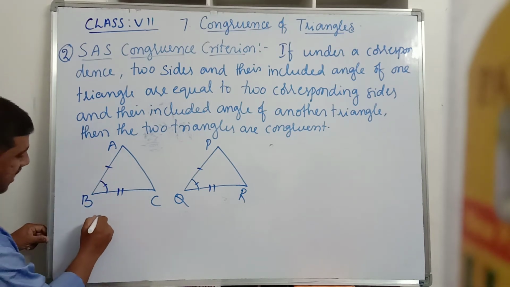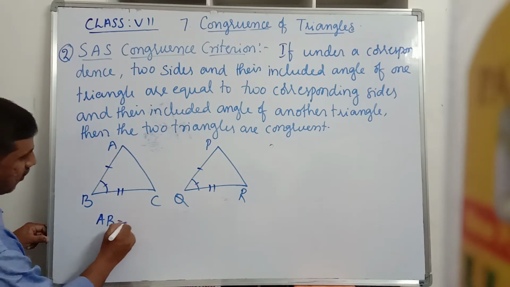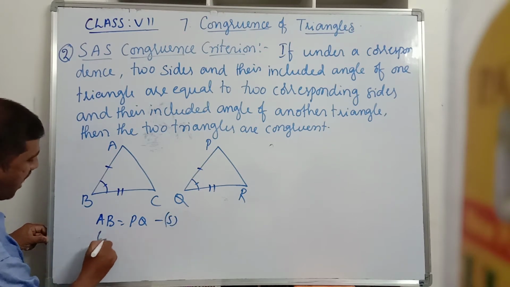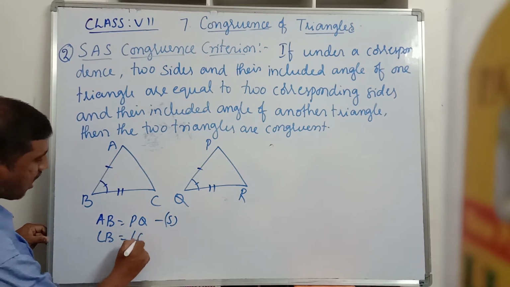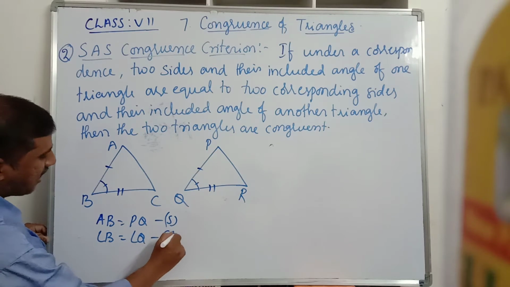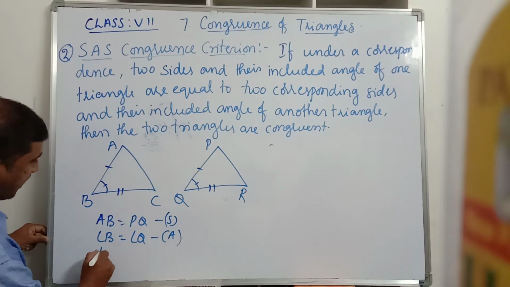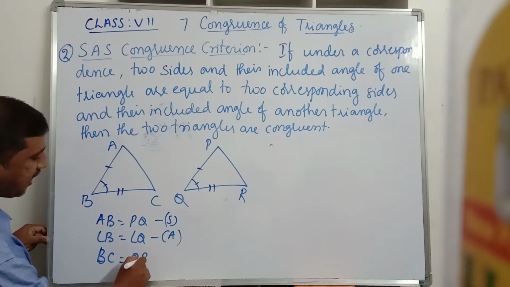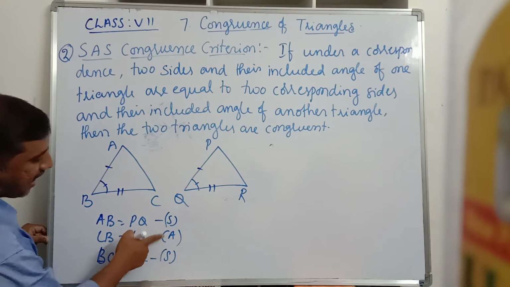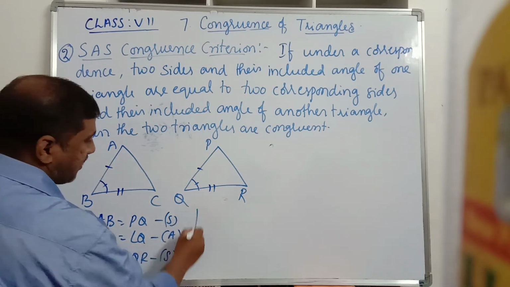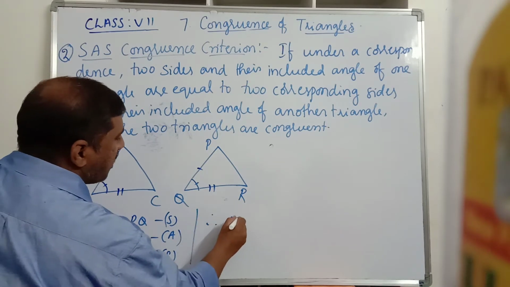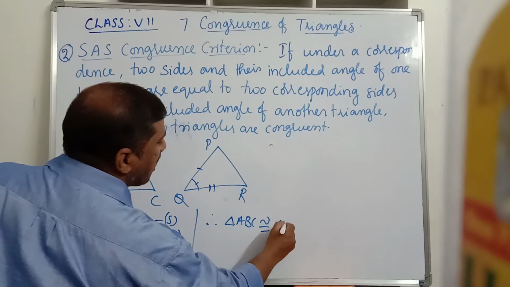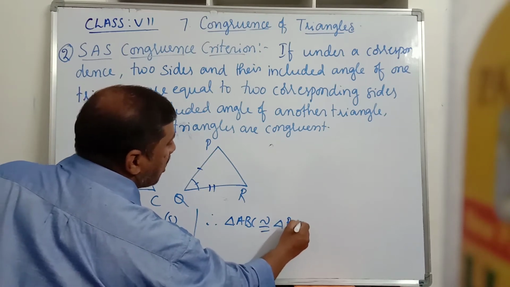That is AB equals PQ, that is side, angle B equals angle Q, that is angle, and BC equals QR, that is side. Side angle side, SAS. Therefore, triangle ABC is congruent to triangle PQR.